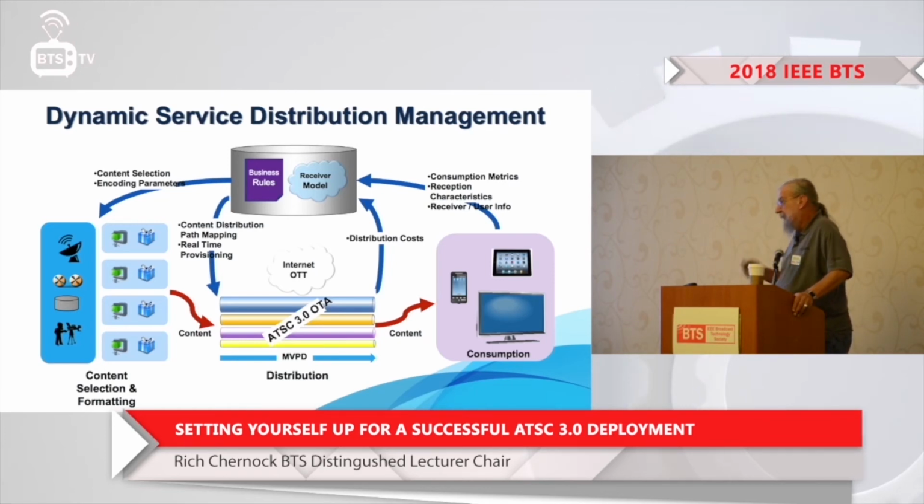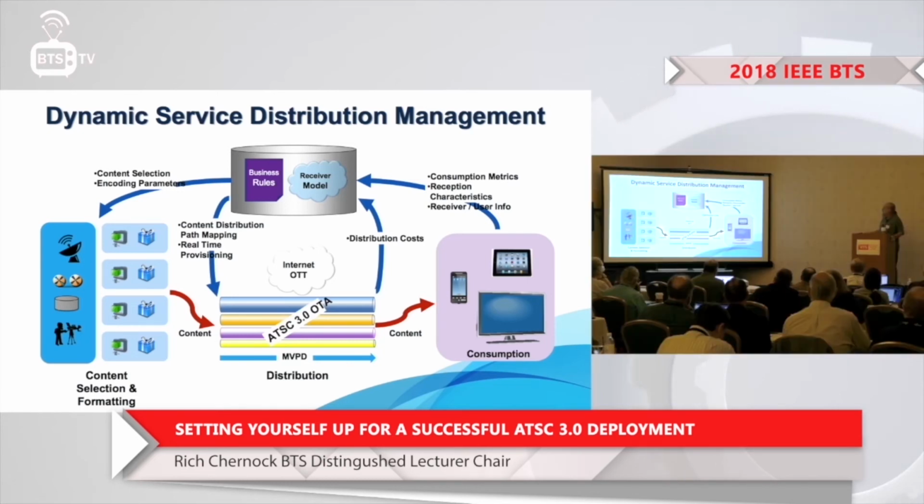Broadcasting, you get the broadcast economies of scale. Internet, broadband, it's pretty much each bit costs. There is no parallelism, there's no multicast over the internet. MVPDs, got different business contracts, so there's different costs. And then if you're doing a business, you can set up rules, you can have receiver models.